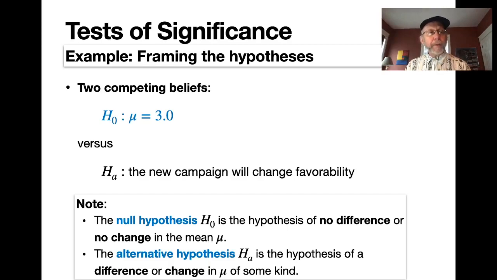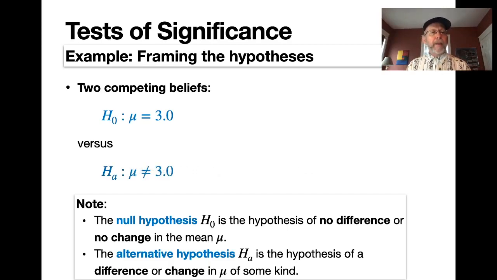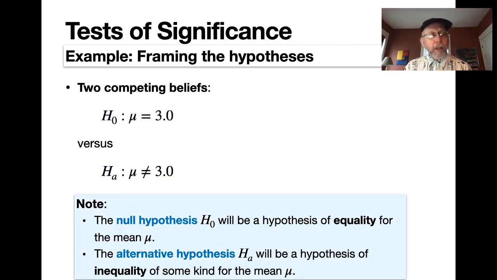So in terms of our parameters, we would simply say that the alternative hypothesis is that the mean mu is not equal to 3.0. And in terms of these population parameters, we can see that the null hypothesis, H0, will always be a hypothesis of equality for the population mean mu, because it didn't change, right? While the alternative hypothesis will be a hypothesis of some kind of inequality for the mean mu.